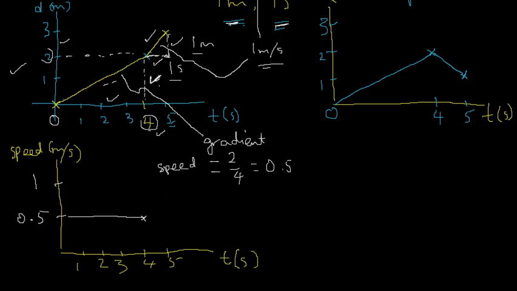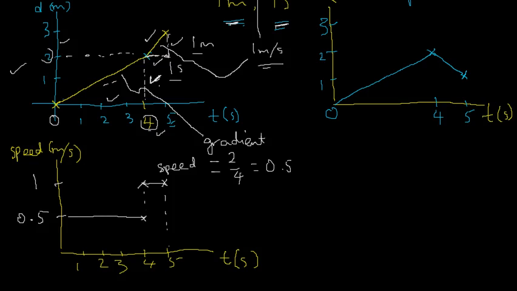And so over the 4 to 5 second period, I am here, at 1 meter per second. So this is kind of the duration this time. So there I have the speed. It changes from 0.5 to 1 meter per second. And we have just learned that we can actually get that information from the gradient of the graph.